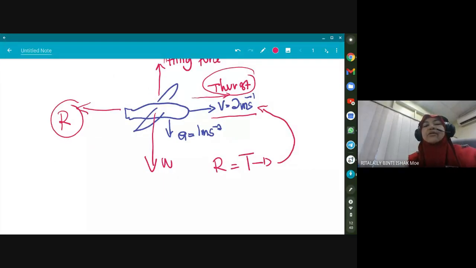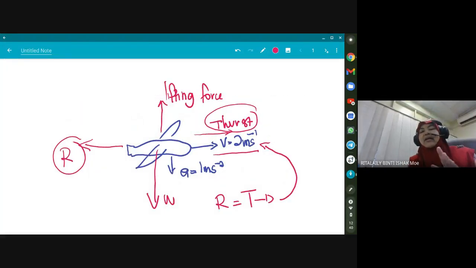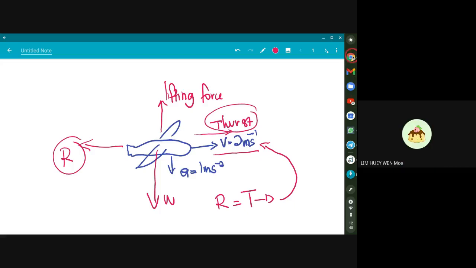What about the two forces in opposite directions vertically? What is the relationship between lifting force and weight? The weight is bigger than the lifting force because the acceleration is bigger.